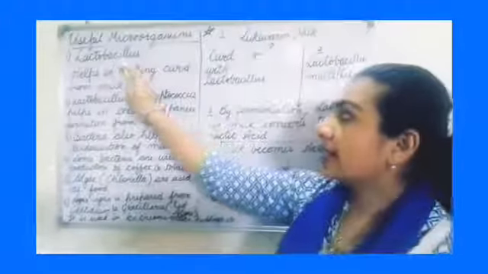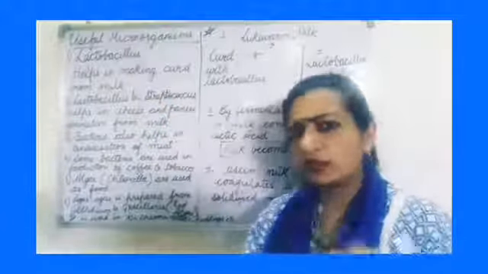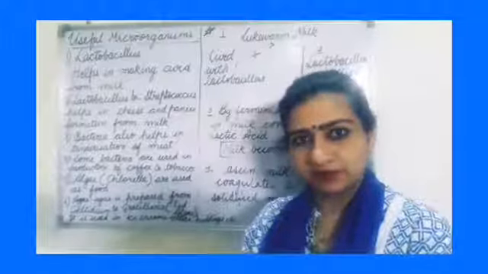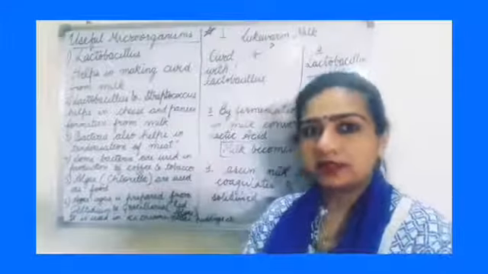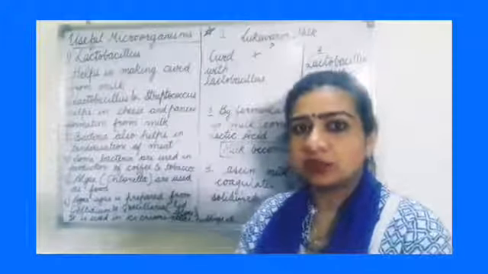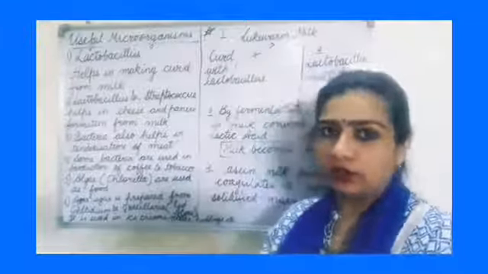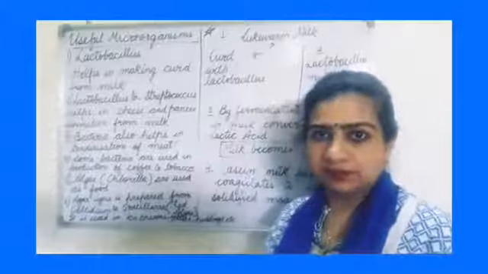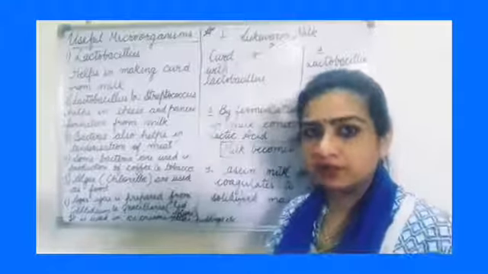First one is lactobacillus. Have you heard about this? Yes, many of you must have. Lactobacillus is a bacteria which helps in conversion of milk into curd. How does it happen?